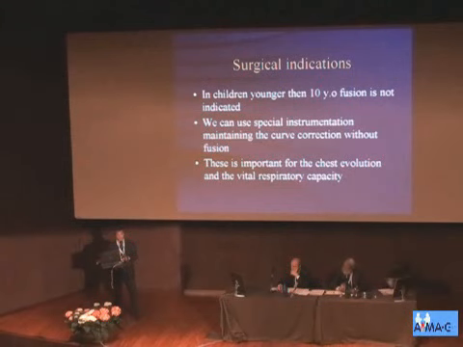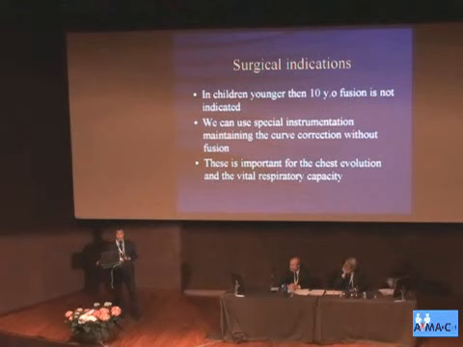If you do arthrodesis in a 10-year-old child, you are sure that you are giving him respiratory insufficiency for life, because that respiratory capacity won't suffice him when he becomes an adult. So you have to wait, and then, however, you have to try and offset the possibility of having a very bad curve.